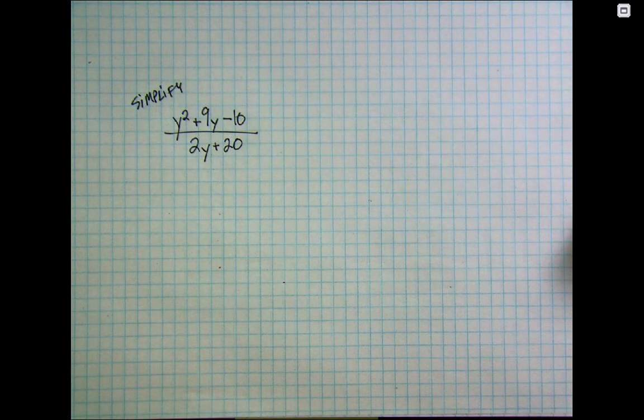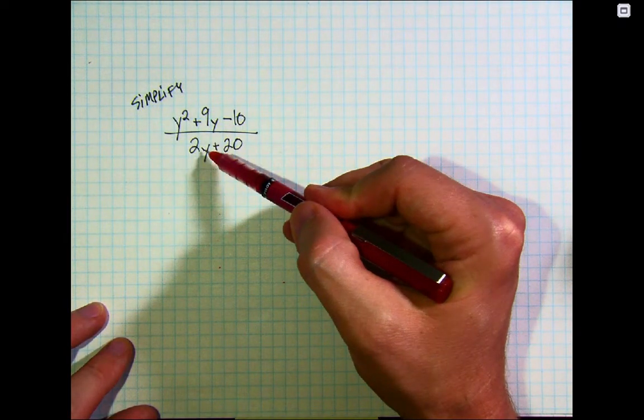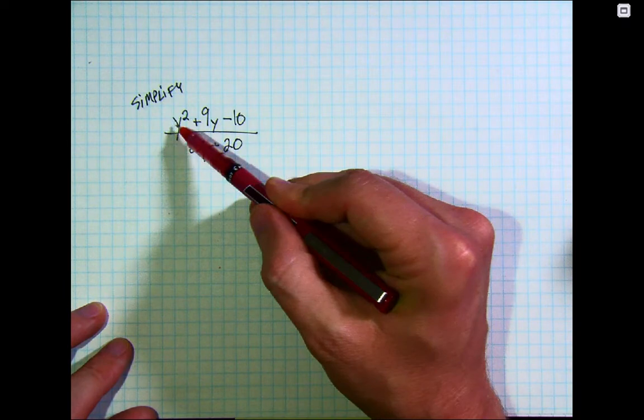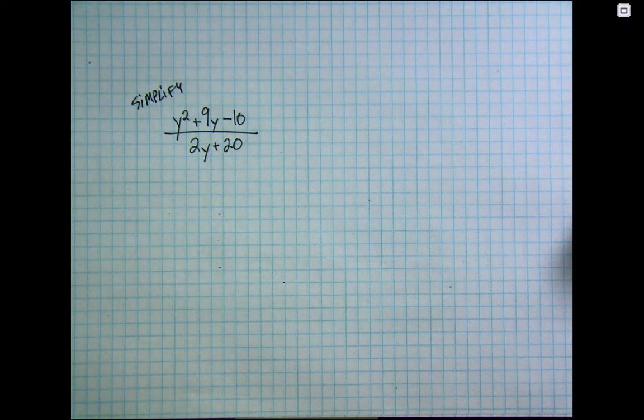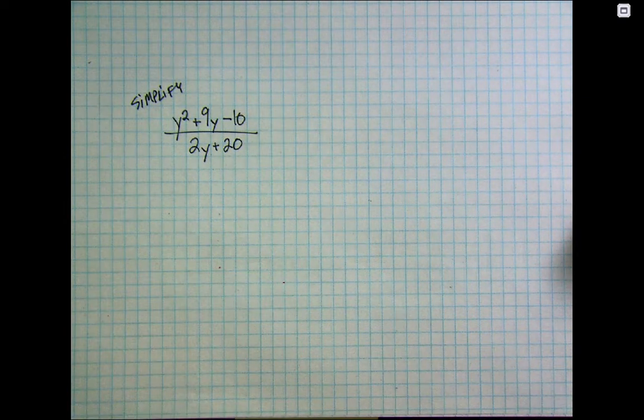I can't match and scratch yet, because even though I've got a y here and a y here, I can't match and scratch this y and this y. I can only match and scratch matching expressions, matching polynomials, matching binomials or trinomials. And this trinomial does not match with this binomial at the bottom.